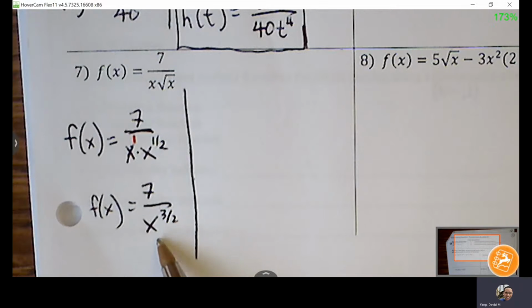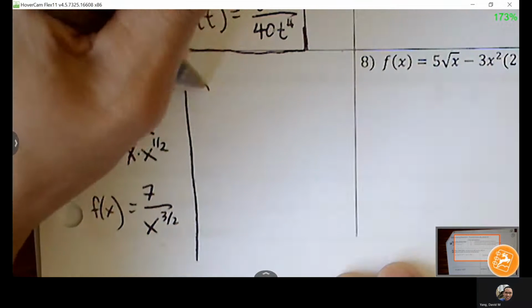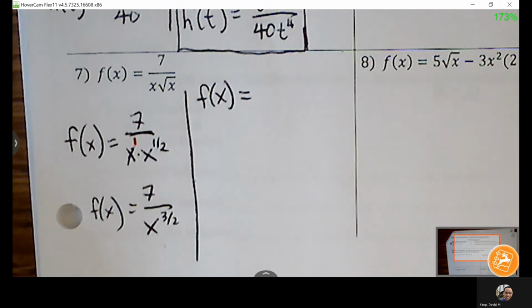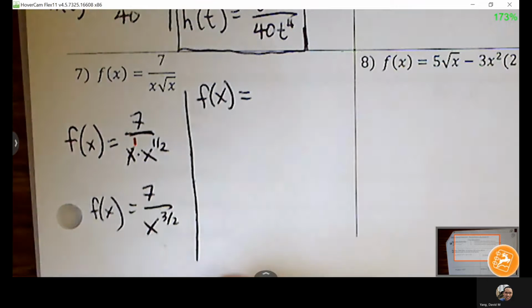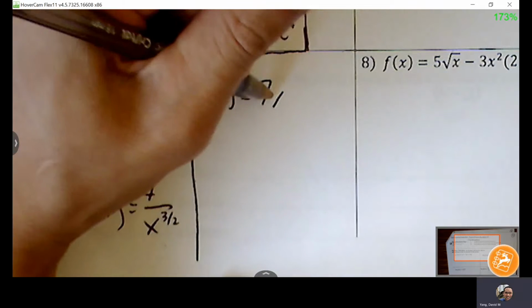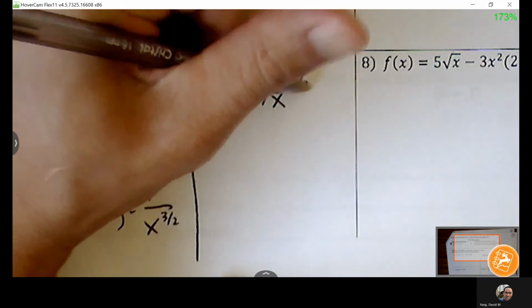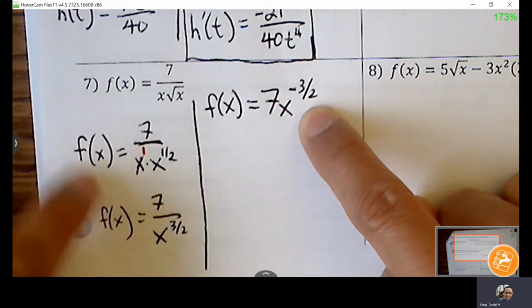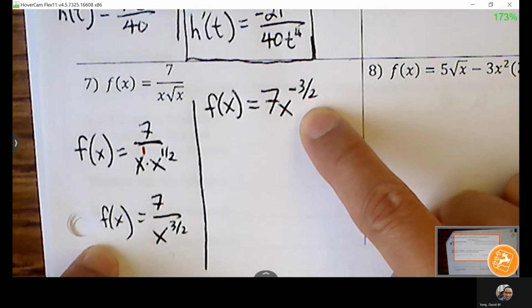So what does it look like after we move it? Seven what? So this is ready for power rule. Everything before is not. Everybody see that?